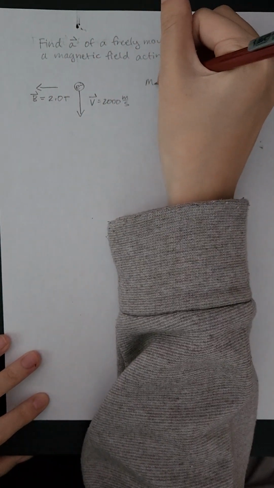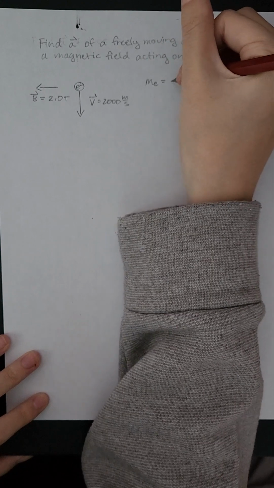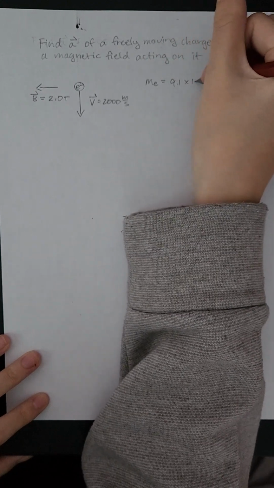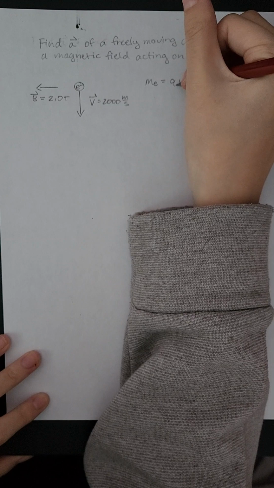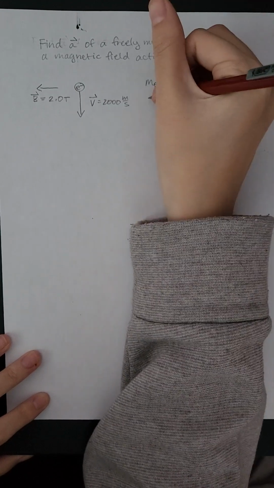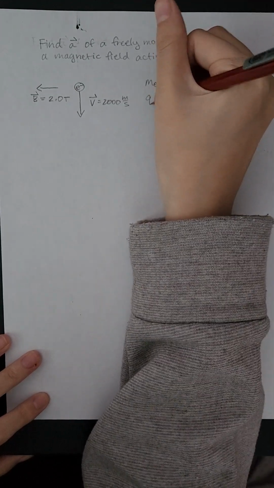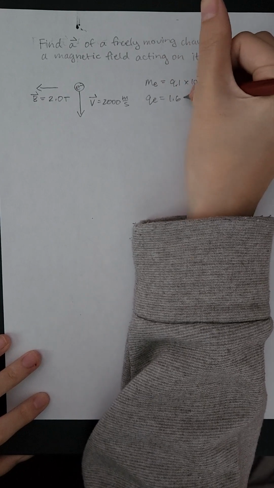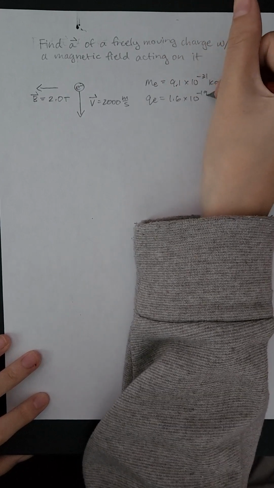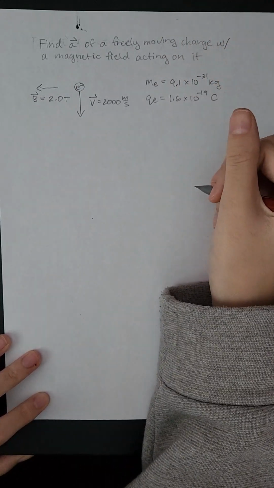And we know that the mass of an electron is 9.1 times 10 to the negative 31 kilograms, and the charge of an electron is 1.6 times 10 to the negative 19 coulombs.